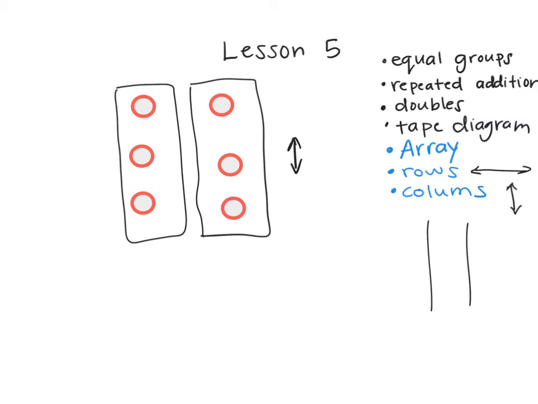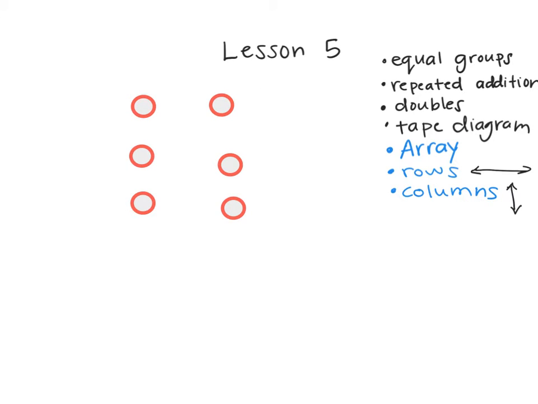So just to remind you, when we talk about rows, we're going across. Columns go up and down. And I just realized I spelled that wrong with an N. See, making mistakes already. Column, there's an N there, columns. So again, we can look at this and say there are 2 groups of 3.